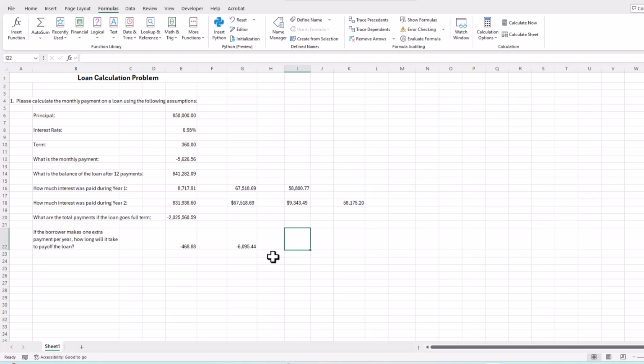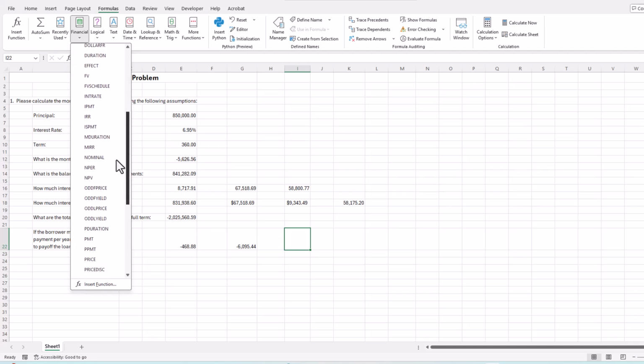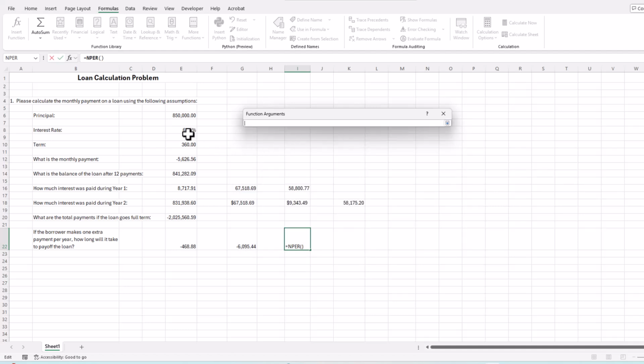Well, there is a formula in Excel, financial, and it's called NPER, number of periods. Take the rate. What is it? 6.95 divided by 12.